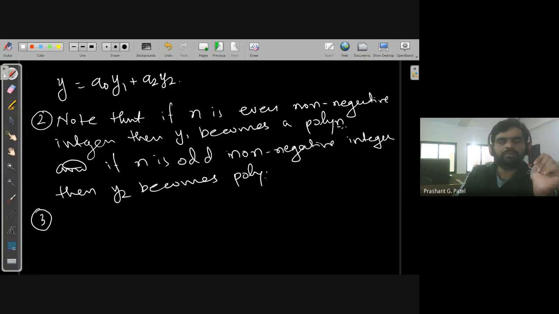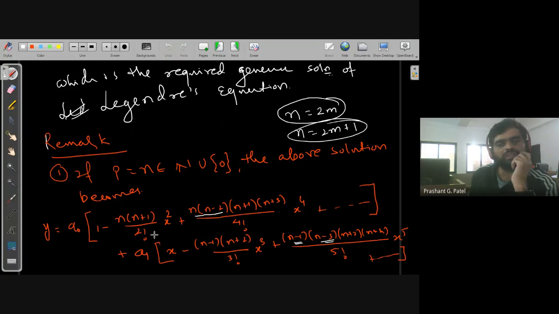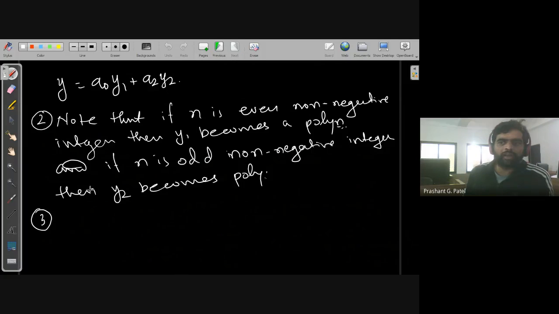One may also observe that if y1 is the polynomial, then it will contain only even powers. If y2 is the polynomial, it will always contain only odd powers. So whichever one becomes a polynomial will contain only even powers or only odd powers of x. That is also something we can write as a note.